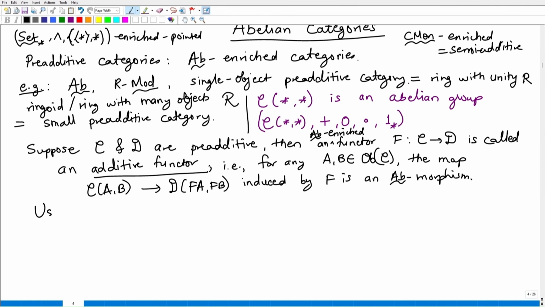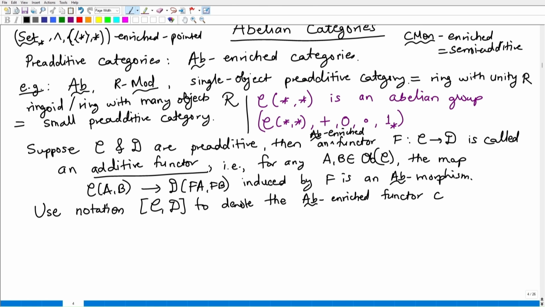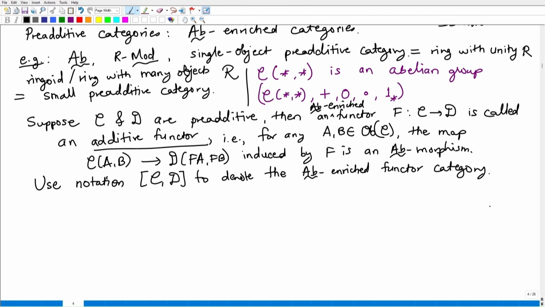So we are going to use the notation [C,D] to denote the Ab-enriched functor category. I'm not going to specify that it is an Ab-enriched situation, you just have to understand. It is the same notation as the functor category.